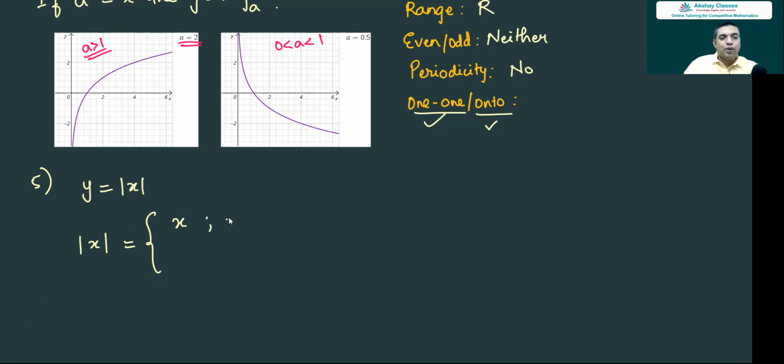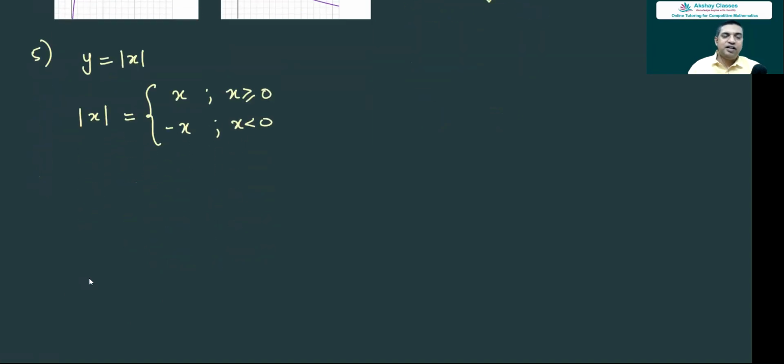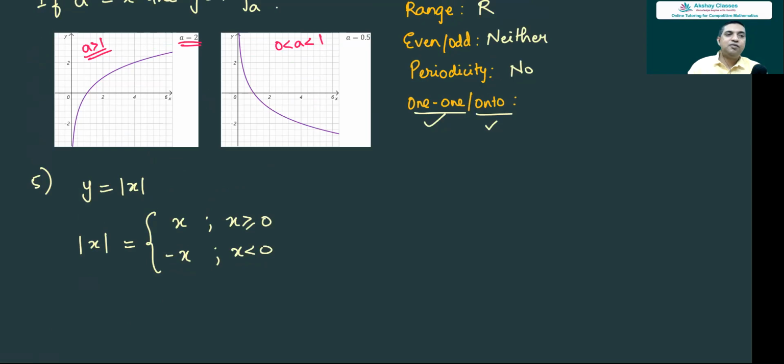When the variable is positive, or equal to 0, it is equal to the variable itself. But if it is negative, then it is minus x. Now let us plot the graph, and then it will be easier for us to mark domain, range, and so on.